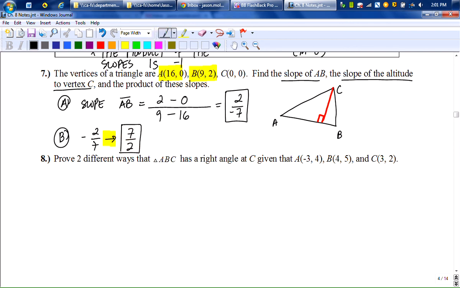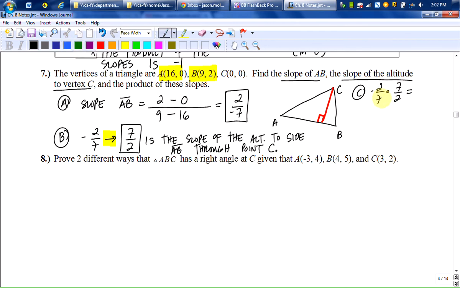So 7/2 is the slope of the altitude to side AB through point C. And the last part is, I guess, just checking that we did this correctly, and this should simplify out to be -1, which of course it does.